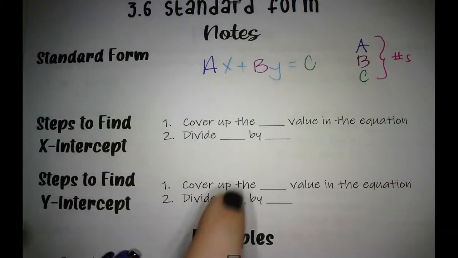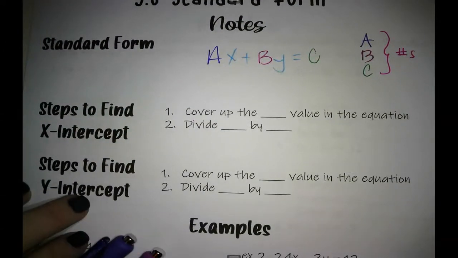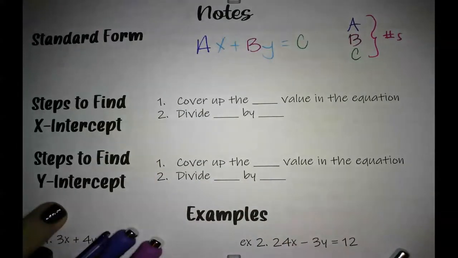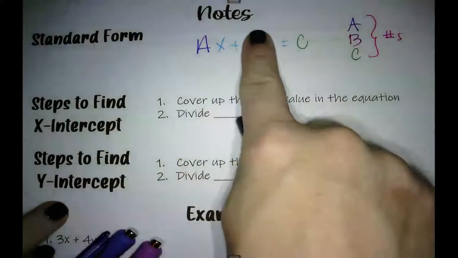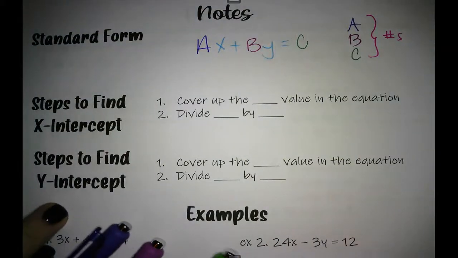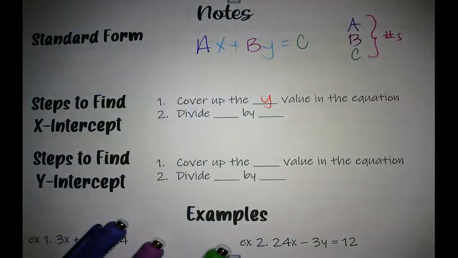So we can find from this form, without doing anything, without changing into slope-intercept form, the X-intercept. And these are the steps to do it. So we're going to cover up our Y value in the equation.